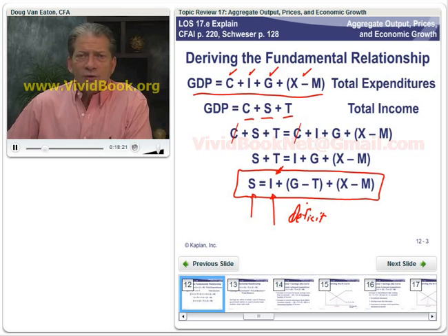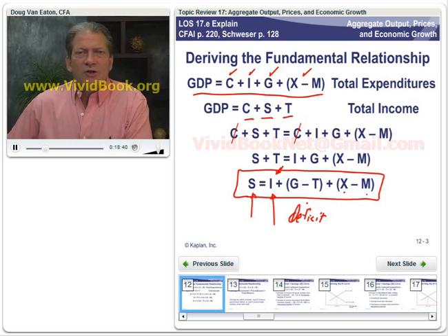So that's the federal deficit, and then exports minus imports, that's net exports. So we're saying that savings can go in a number of places, but it's a fixed number of places.